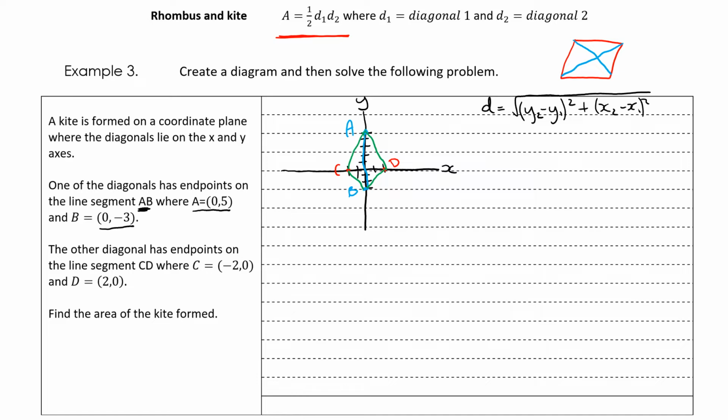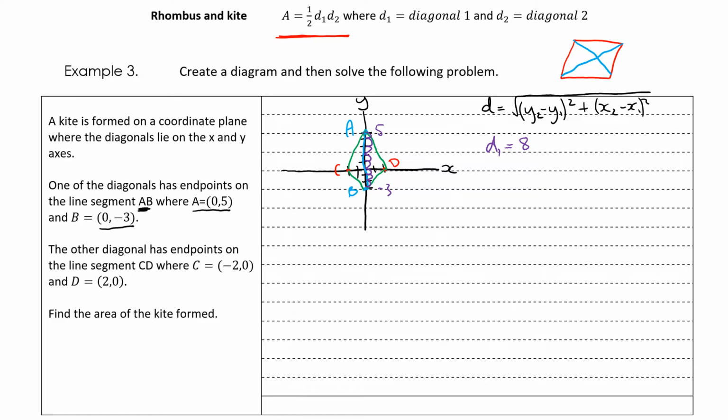So for our vertical line on the y-axis, we've gone from the point 5 down to the point -3, and it goes 8 spaces: 1, 2, 3, 4, 5, 6, 7, 8. So diagonal 1 equals 8.